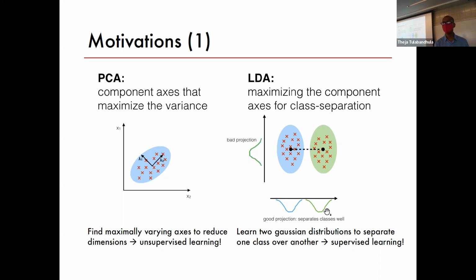Project it down into the x direction, then they are separated. Right? So class separation and discrimination is what is needed. So basically, we're trying to fit two Gaussian distributions such that they are as separate as possible with respect to each other. Okay, that's what we're trying to do.